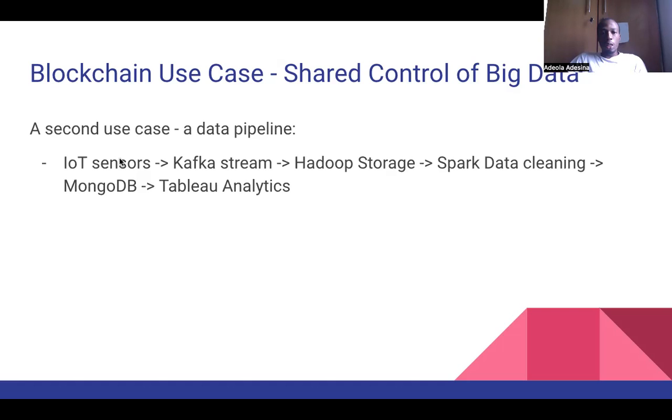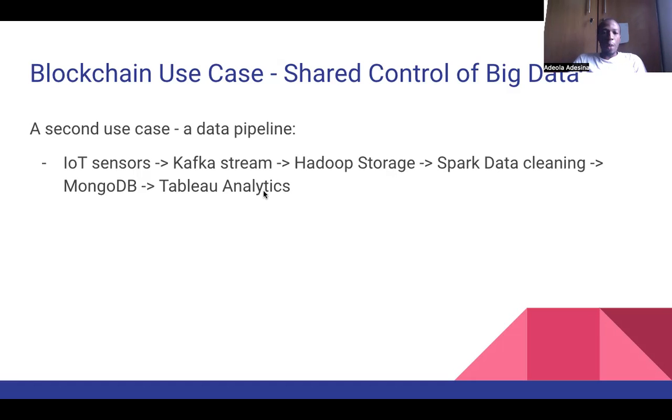So I have an IoT sensor. This is the journey via which that particular data that is generated every minute or every hour is moved from the IoT sensor to my website or my Tableau analytics dashboard. So I want to analyze the temperature in Lagos State and predict what's going to happen tomorrow or next week, right? So it's called a data pipeline. Data moves from one point to my analytics dashboard, right?